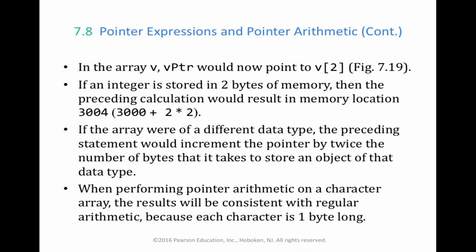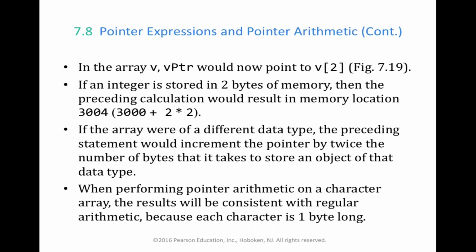In that case, in array v, vptr would now point to index 2, which we will see in the next image. If an integer is stored in 2 bytes of memory, then the memory location would be 3004. Again, when we move 2 in a pointer, we're not just adding 2.